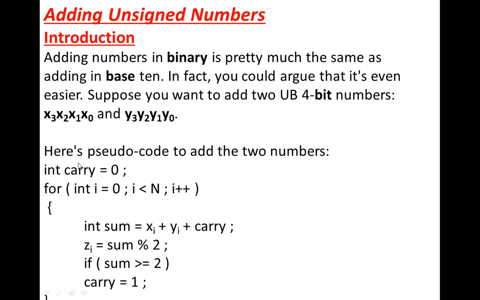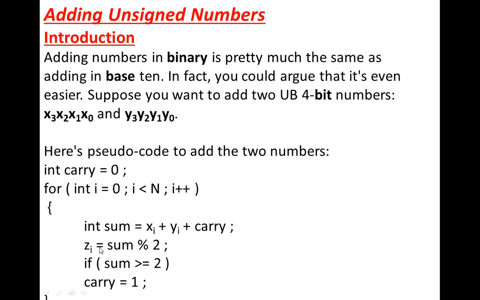First of all, initializing the variable, carry contains the value 0. Then there is a for statement, or for loop. One is initialization, that is i also contains the value 0. The condition is that till n is greater than i, the condition is true. Then there is i++. Then there are curly braces.